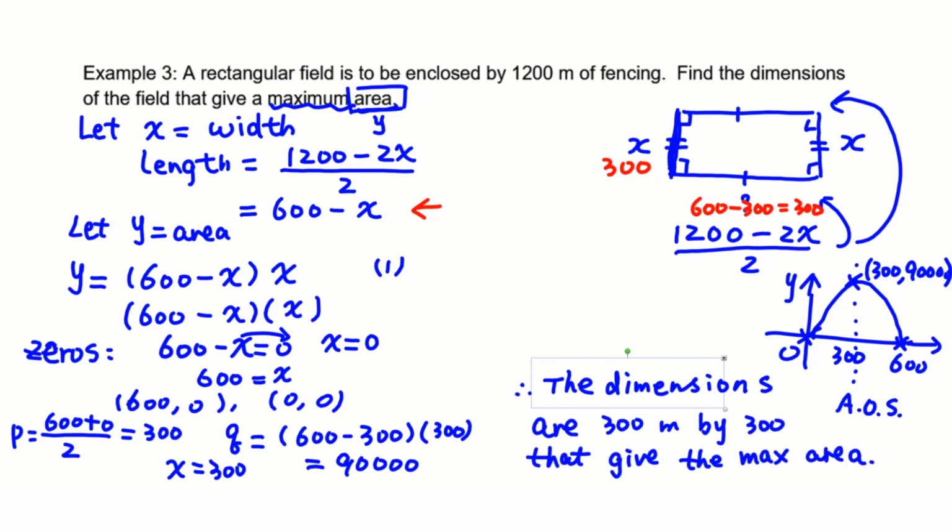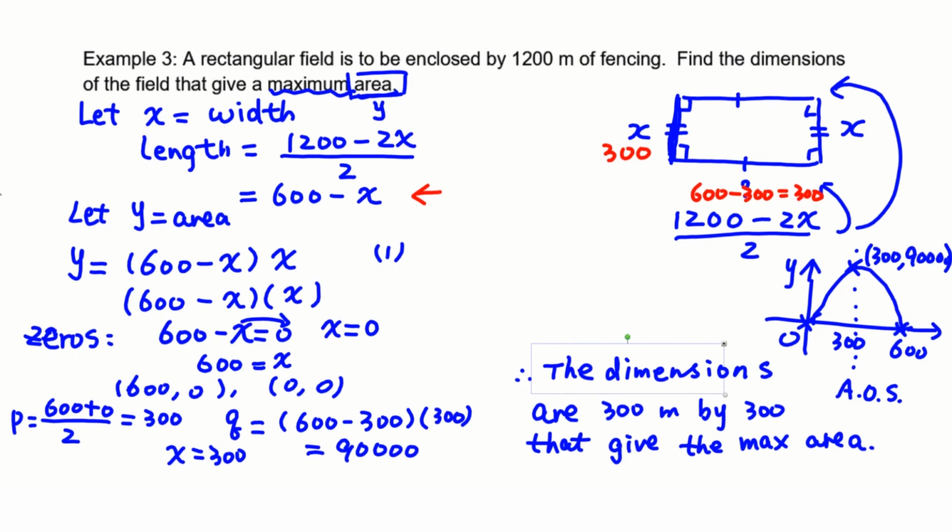Okay, so this is for example 3. You need to set up the equation by yourself. And again, for this grade 10 course, we are not asking you to set up the equation. The equation will be given, okay? But you need to use this algebraic method to solve for the dimensions.